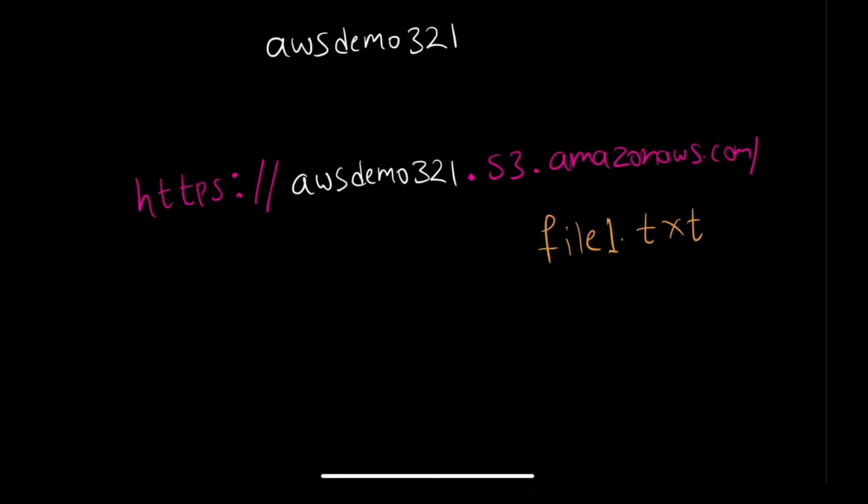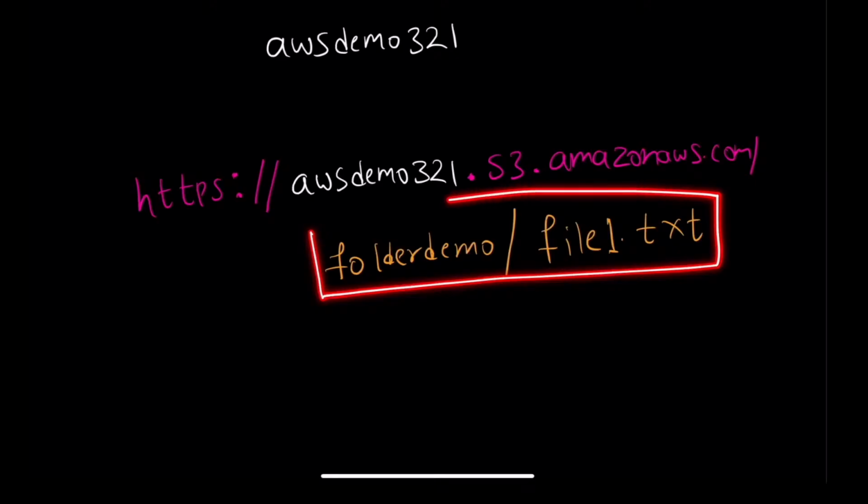What you're going to do, guys, is after amazonaws.com, you're going to define folder demo slash file1.txt. Now this entire string that you're looking at happens to be the key and the content of the file will become the value, right?